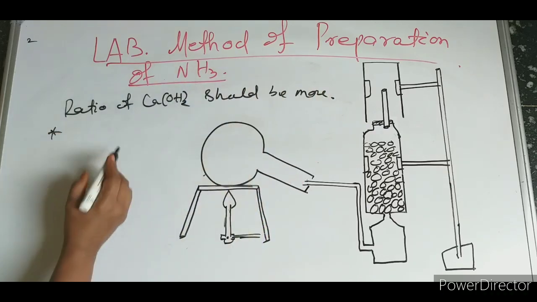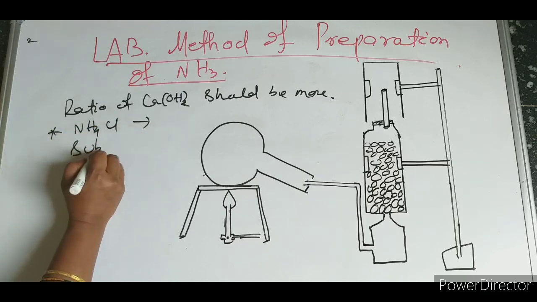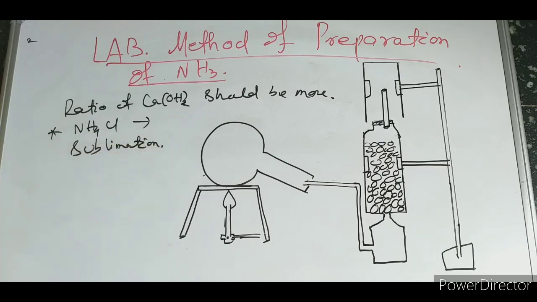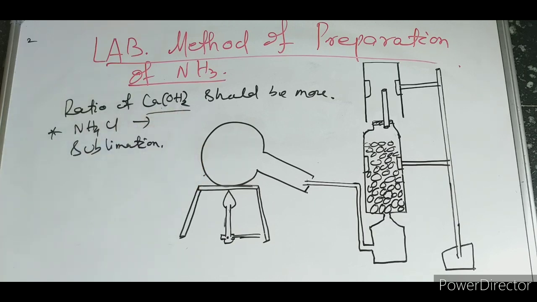Because ammonium chloride undergoes sublimation. If it is not mixed properly, or the calcium hydroxide is not in more amount, then it may undergo sublimation. That is why the amount of calcium hydroxide taken is more.